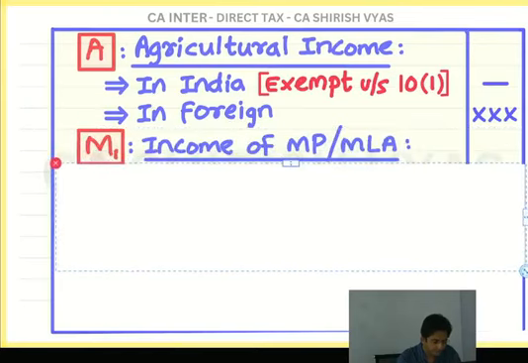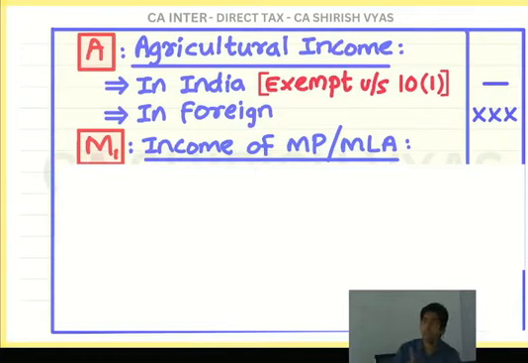Now see, in MP, MLA, there is one more point. These people receive daily allowance for their day-to-day expenses of attending the meetings in the parliament. If I am a member of parliament or MLA, I will have to regularly attend the meetings for government. So I have to travel a long way and have petrol expenses, etc. So for their day-to-day expenses, they are given daily allowance. That is tax-free, exempt. Why?